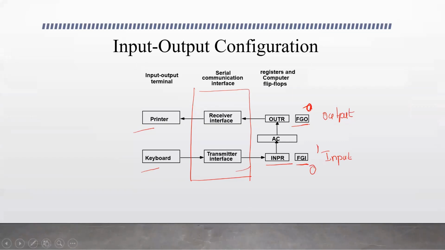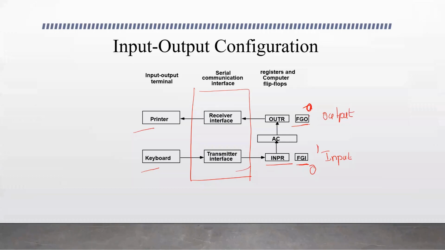So to synchronize the timing rate difference between the IO device and the computer, we use FGI and FGO. Instead of continuously transmitting the input or output, this is set to 1 when there is data. When there is data in the input register, it is set to 1, and once the computer reads the input, it is set to 0.